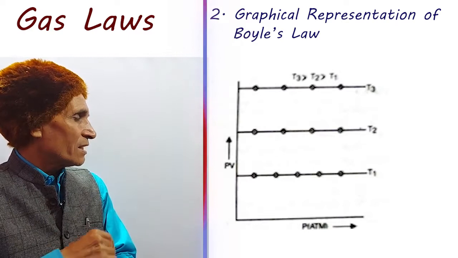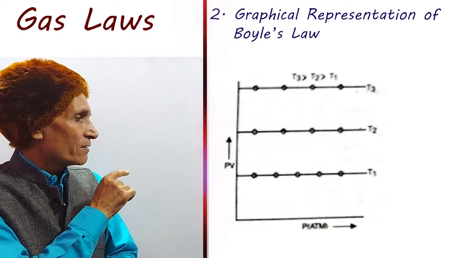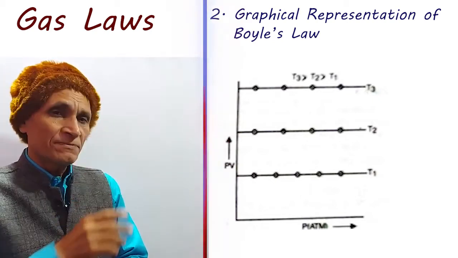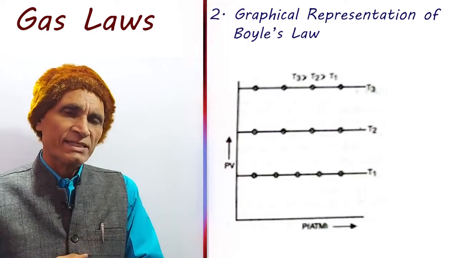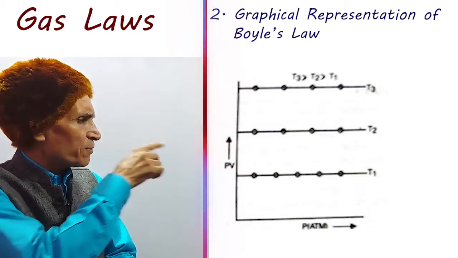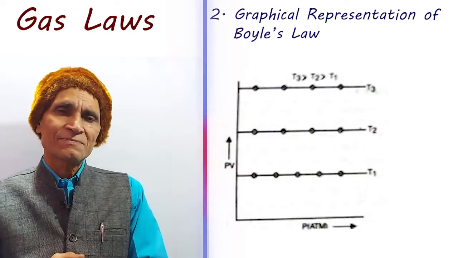Third, on plotting a graph between PV and P, PV along the y-axis and P along the x-axis, a horizontal straight line plot is obtained which is parallel to the pressure axis.